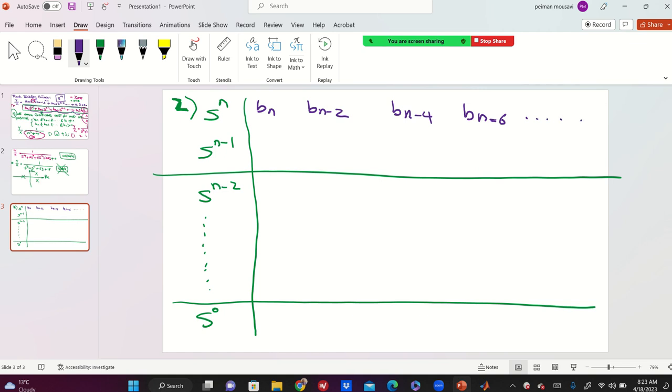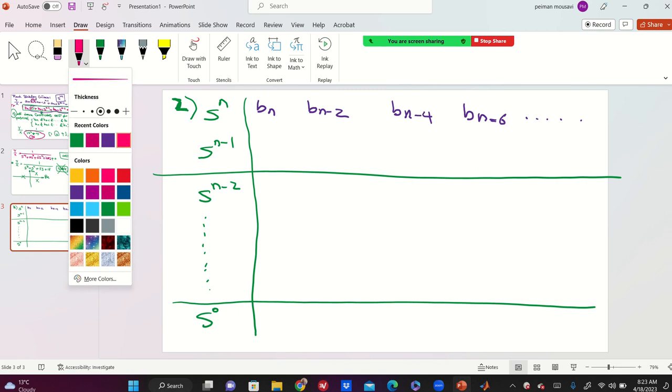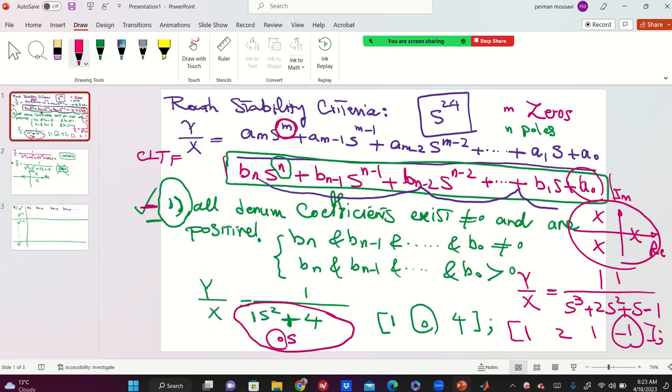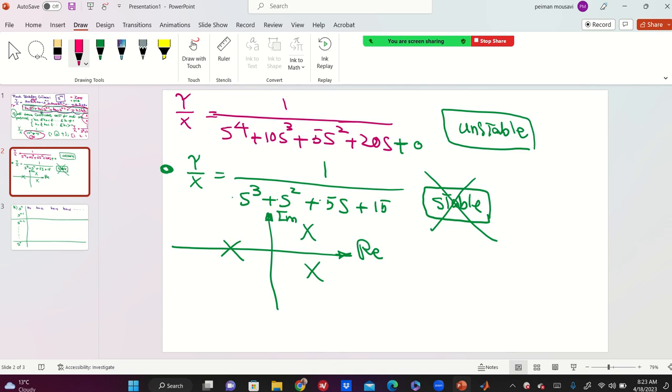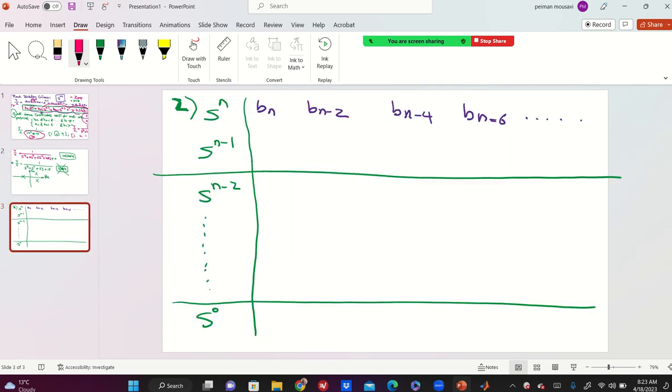In front of S^(n-1), from the closed transfer function, you're going to take b_(n-1), b_(n-3), b_(n-5), b_(n-7), the odd ones.